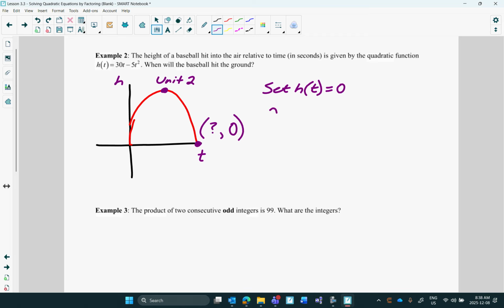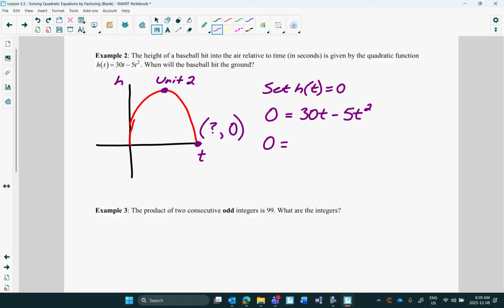When I do that with my equation, it's going to look like this. I just replaced h with 0, and I'm trying to figure out t. Well, this is a quadratic equation we've created. Notice we've got a t squared and a t term, which means I can't just get t squared by itself. I can't do that method here. I have to factor.